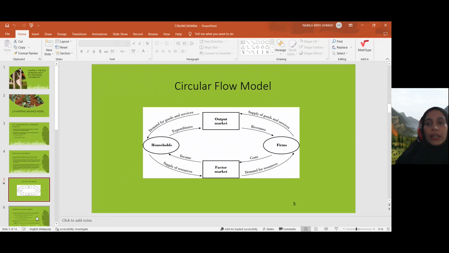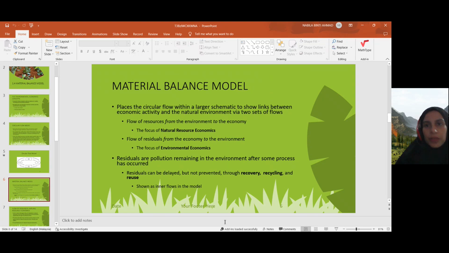Now, when we include the natural environment, a new model is developed, which is known as the material balance model. It places the circular flow within a larger schematic to show links between economic activity and the natural environment via 2 sets of flows.